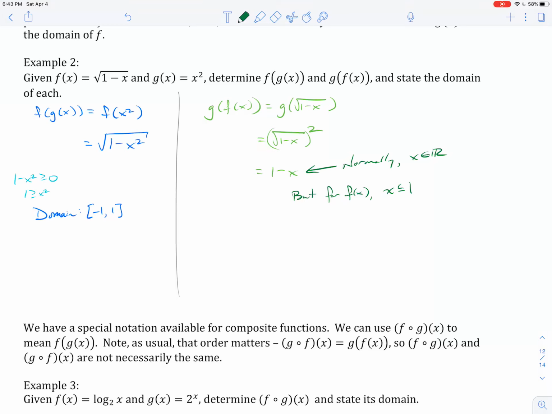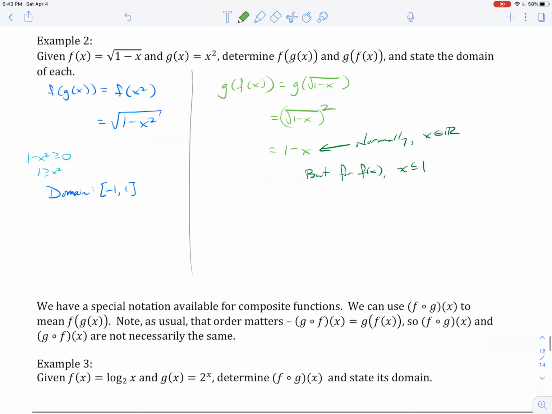If we take anything that's outside of that span, then f doesn't exist. How can you process g of f of x if f of x doesn't actually exist? It doesn't make sense. Therefore, for this one, we can only take values that are less than or equal to 1.